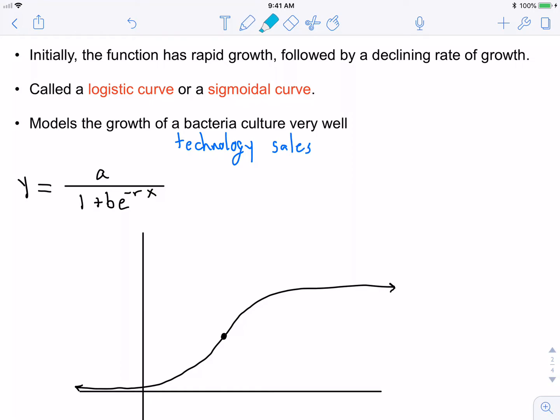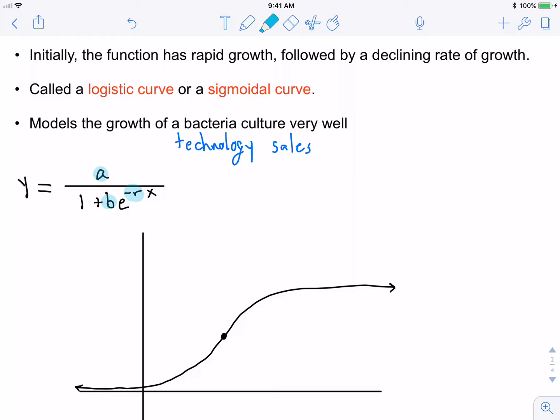Again, if we look at the equation, it is y is equal to some value a divided by 1 plus b to the power negative r times x. So a, b, and r are just constants that will fit whatever sort of culture or population or sales data that we're trying to match.